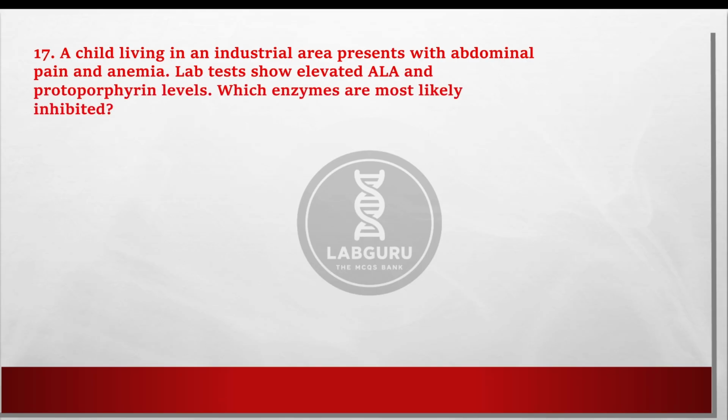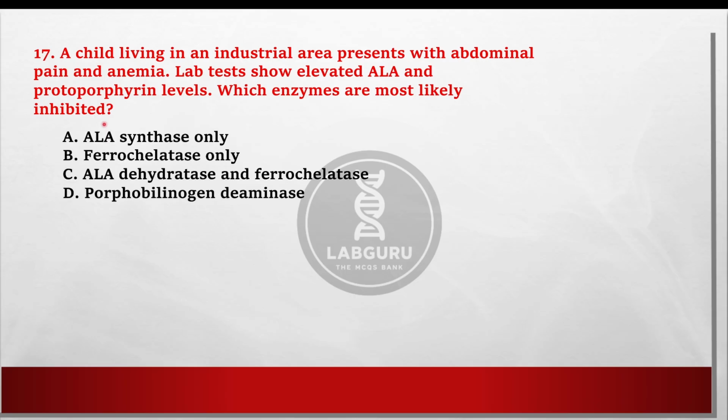Question number 17. A child living in an industrial area presents with abdominal pain and anemia. Lab test shows elevated ALA and protoporphyrin levels. Which enzymes are most likely inhibited?